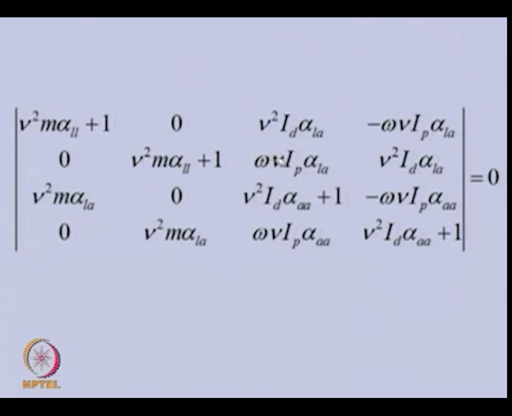So, both nu and omega are appearing. If we take the determinant of this, we will get a polynomial in terms of whirl frequency of the order of 8th degree, and the roots of that will be the whirl frequency, and for each spin speed omega we need to find out. So, we have seen how to get the whirl frequency by obtaining the frequency equation.